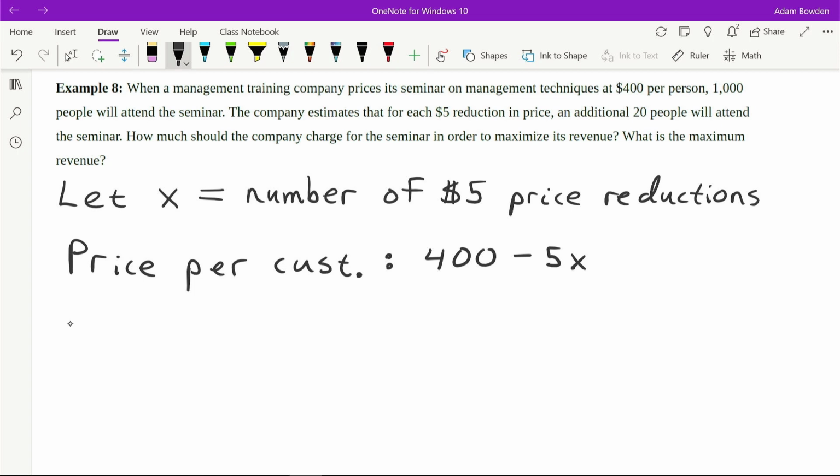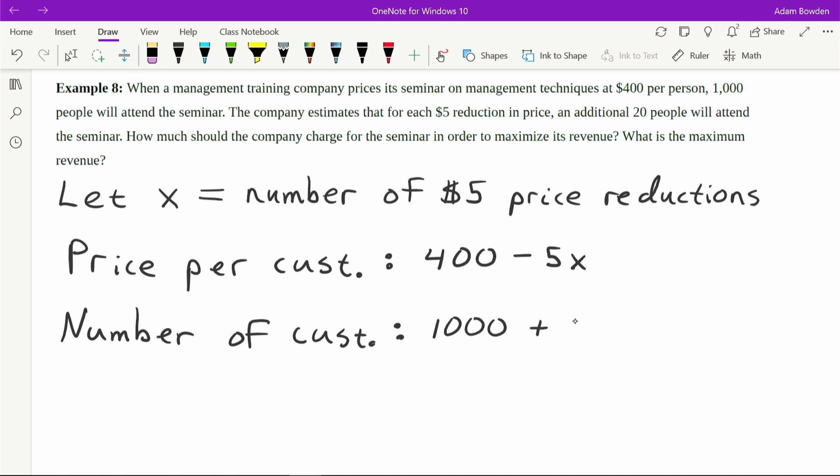And the number of customers that would result from this situation here could be figured out by taking 1,000, the initial amount they expect to attend, and adding 20x, where they assume that 20 more people will be joining in if they reduce the price by another $5.